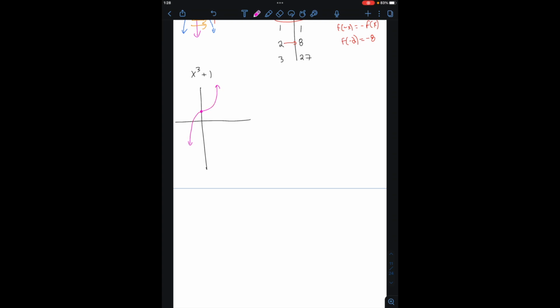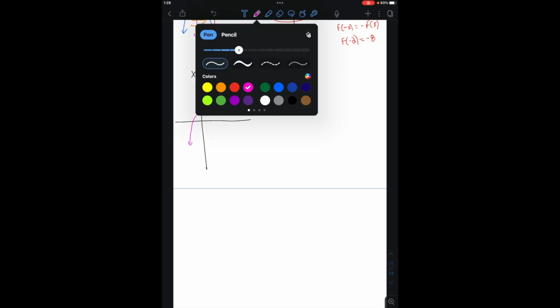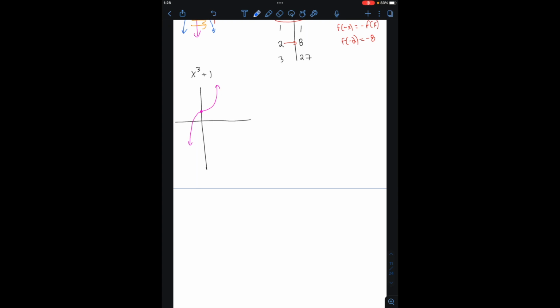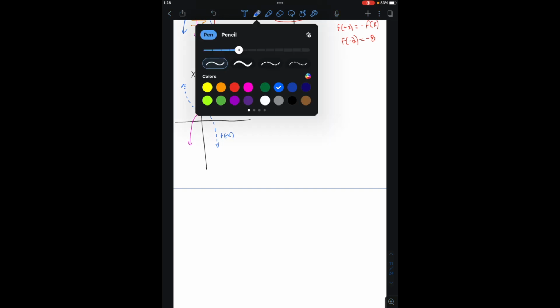Well, we're going to have a problem because now we don't have the ability to reflect and reflect again. Say I reflect over the y-axis first. So I'm going to end up right here. Okay, so that would be f of negative x, if this was f of x.